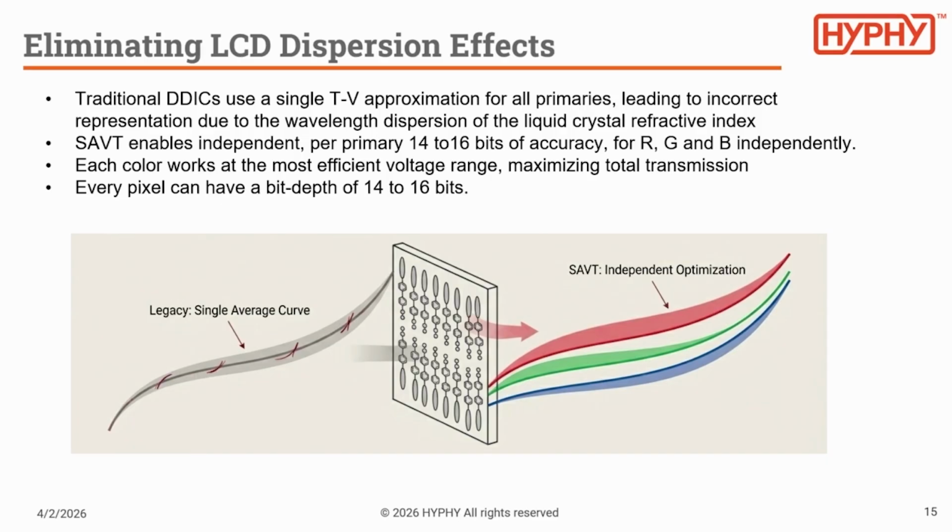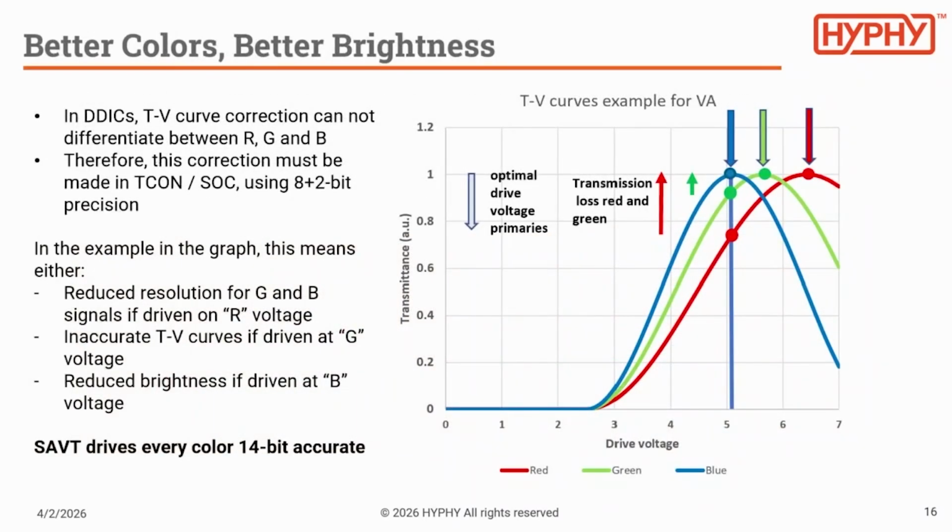The transmission voltage curves are slightly different, not hugely different, but slightly different, and that means that your adaptation, so your correction in the video stream needs to be upstream. So you need to have the 8-bit transfer to correct for the slight disparity of the red, green, and blue transmission voltage curve.